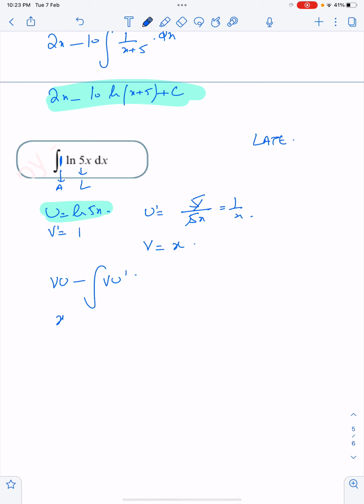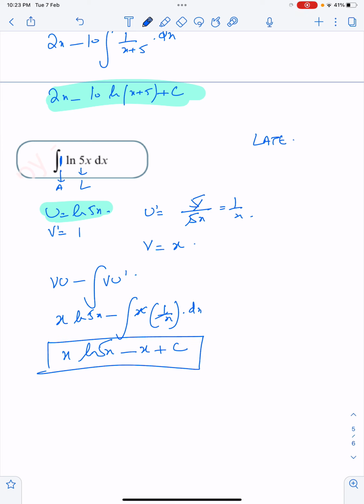So v is x, u is ln 5x, minus v is x and u dash is 1 upon x dx. So this will become x ln 5x minus integration of 1, which is x, plus c. This is the answer.